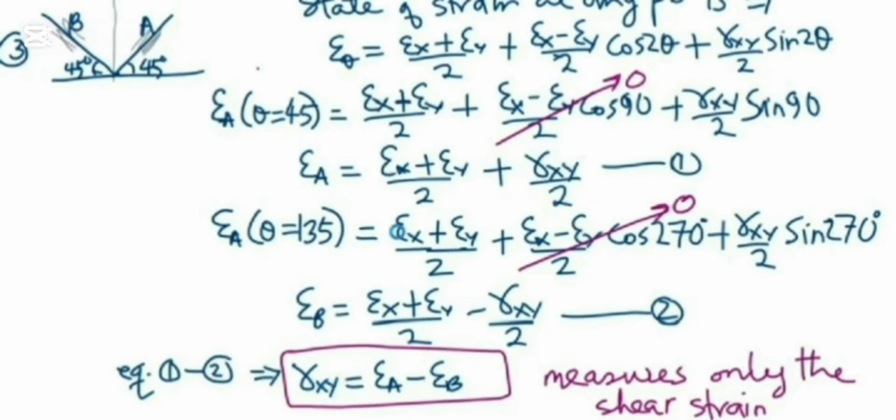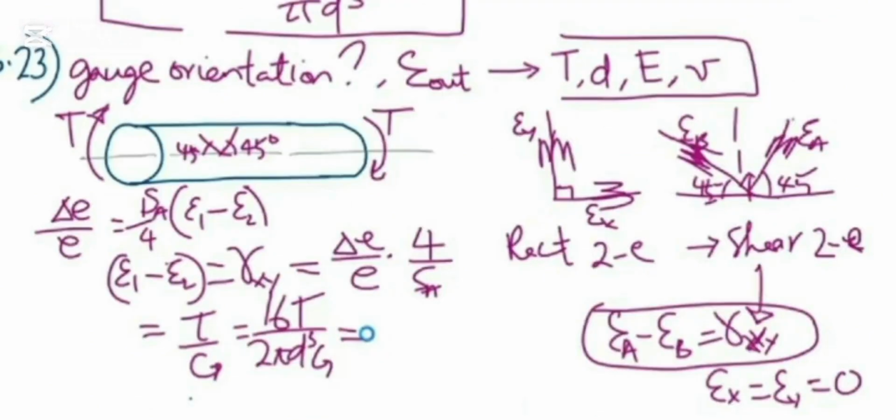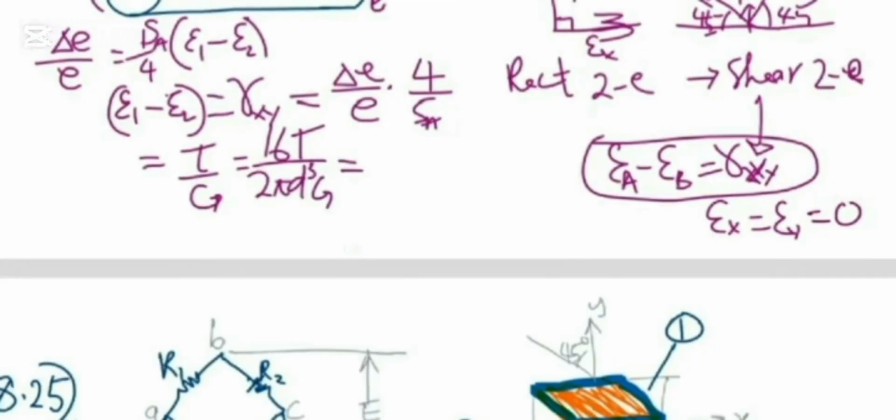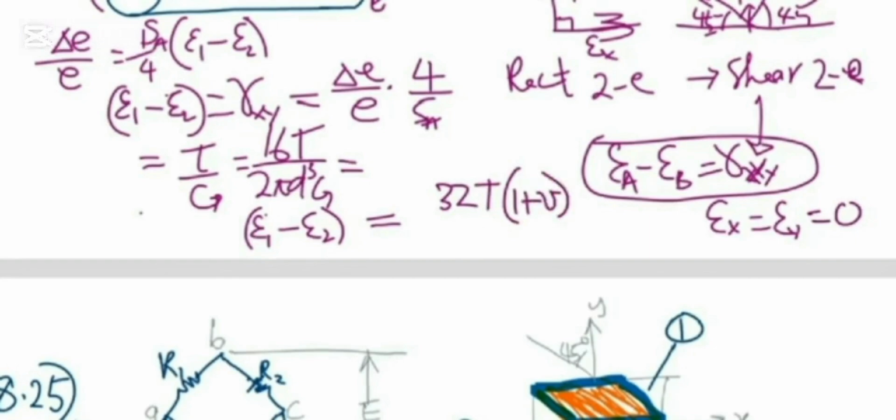So that's why I say I'm not going to prove this again. We substitute G, the shear modulus, and our resultant tensile and compressive strains become 32 after substituting the shear modulus, 1 plus, all over pi d cube.